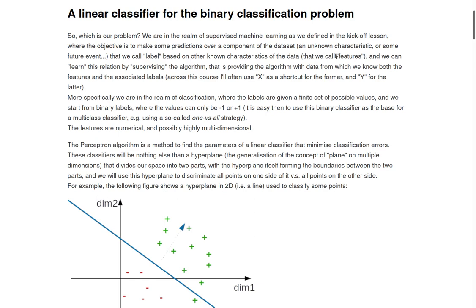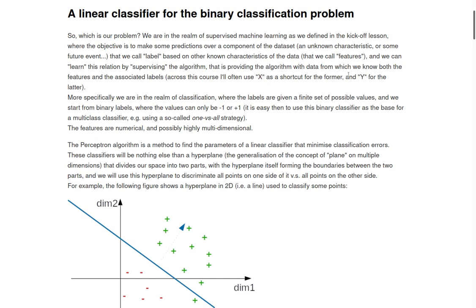This could be some characteristics of our data that we don't know, or something that will happen in the future. And to learn this relation between what I call X and Y, the features and the labels, we have some data for which we have both. And so we can supervise our algorithm with the data that we have.